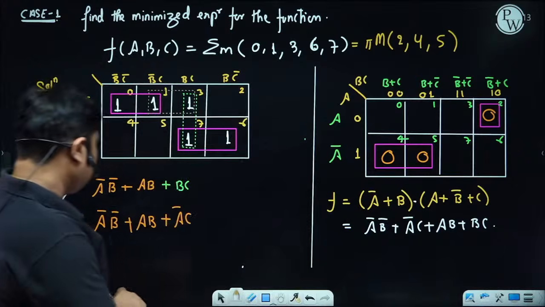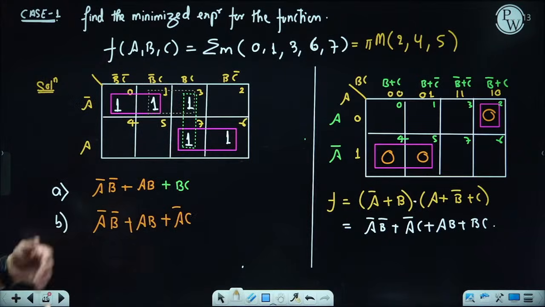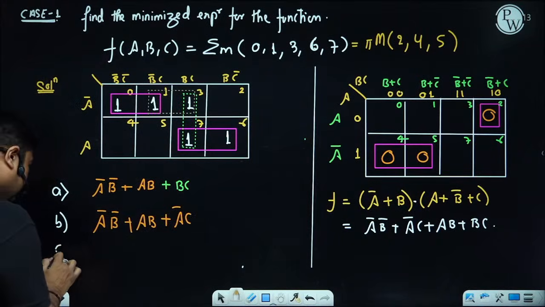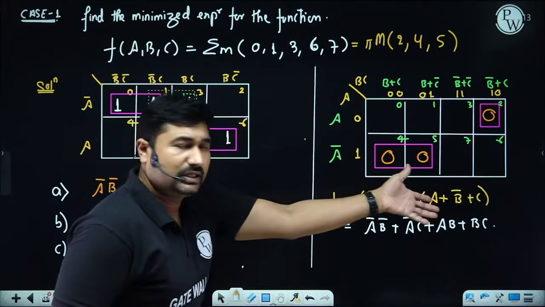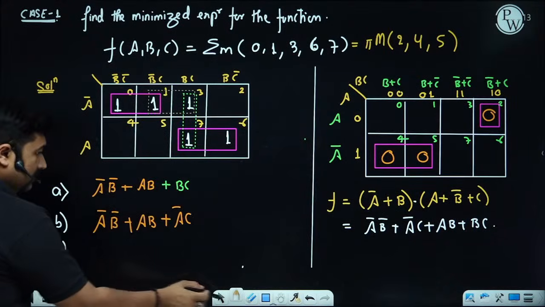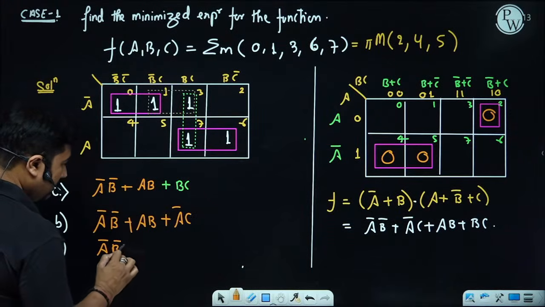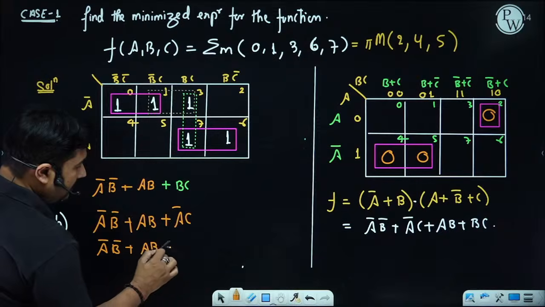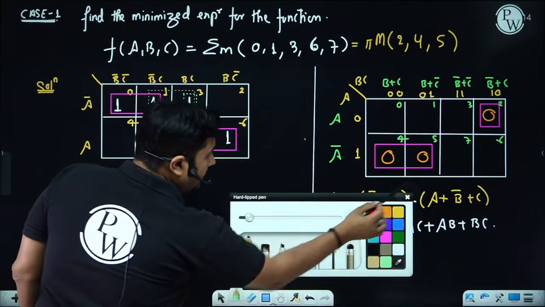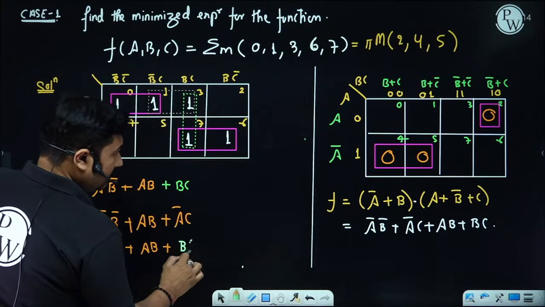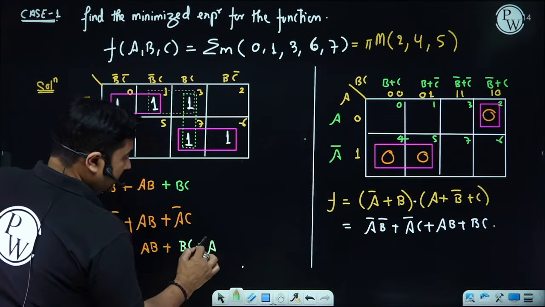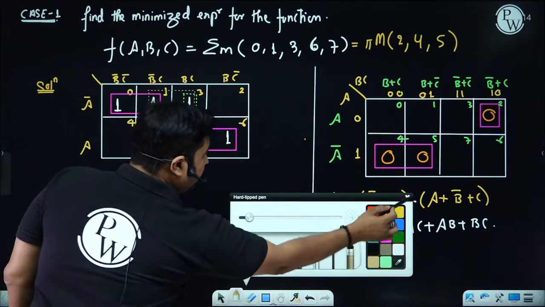So someone is saying, sir, instead of writing this, it is better to go with POS. If you go with SOP, your answer would become A bar B bar plus AB plus BC plus A bar C. Is it okay? Yes, sir.